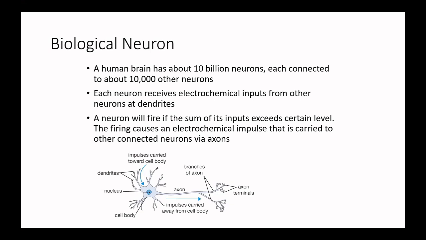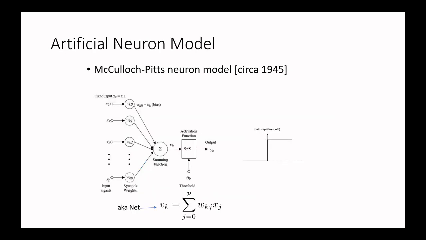And when it fires, obviously it sends its output signal to the neurons it is connected with. That's how things propagate in the human brain. The picture here shows you what a neuron looks like and what the parts of a neuron are. All right, so that's the basic idea.